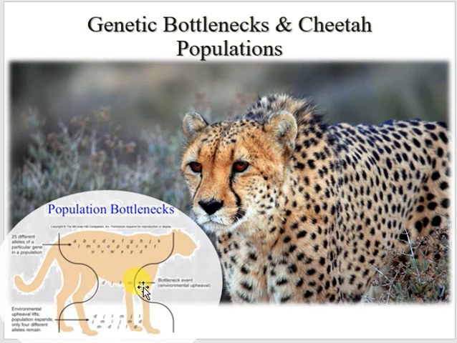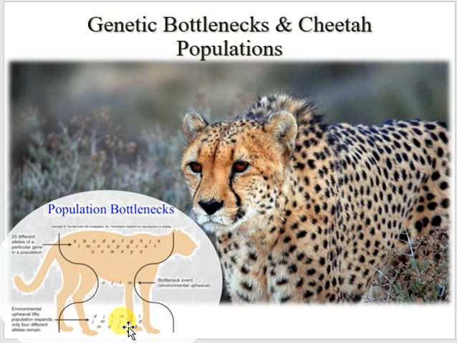Only these alleles will go on to be representative of a new population, and this creates a smaller population with allelic frequencies, again, that are different from the original, also a lot less genetic diversity in this new population.